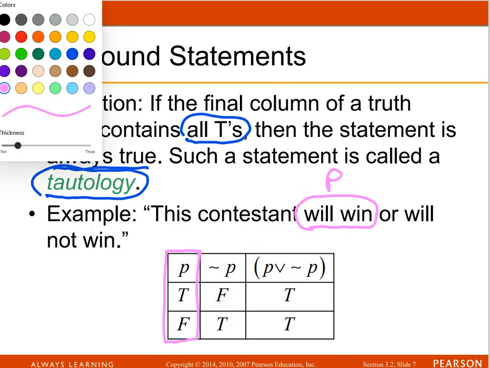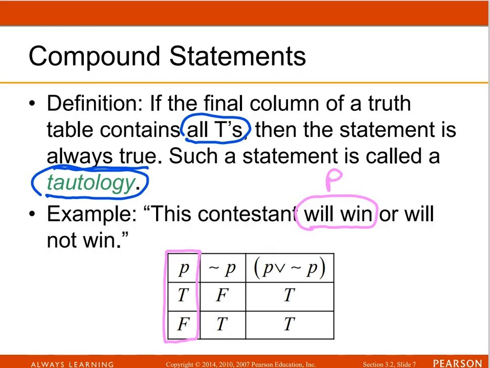And then you've got or will not win. And that's the negation of P. So if you negate P, if it was true, it's now false. And if it was false, it's now true.